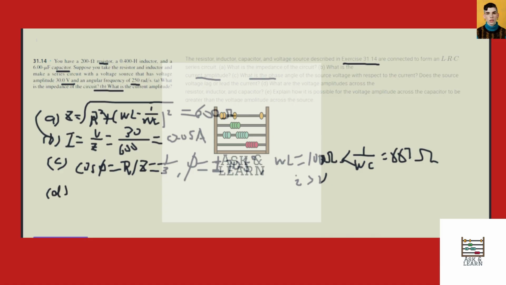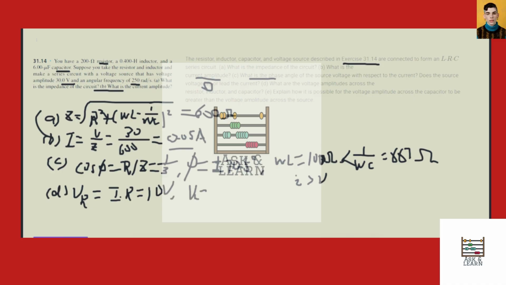And for part D, what is the voltage amplitude across the resistor, inductor, and the capacitor? The voltage across the resistor is VR equals I times R. R is 200, so this is 10 volts.